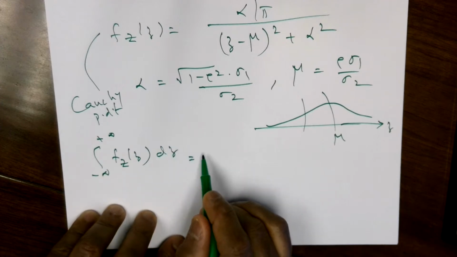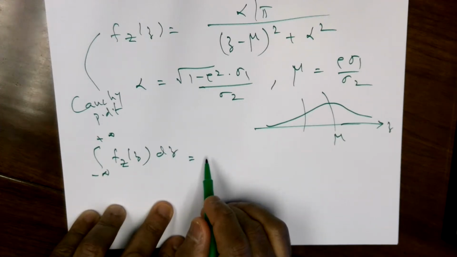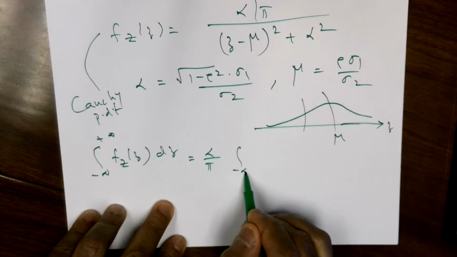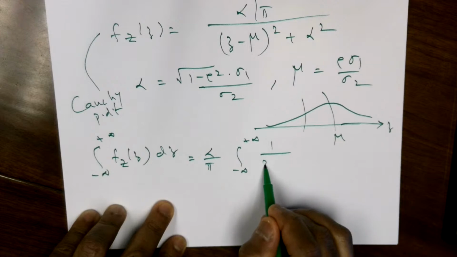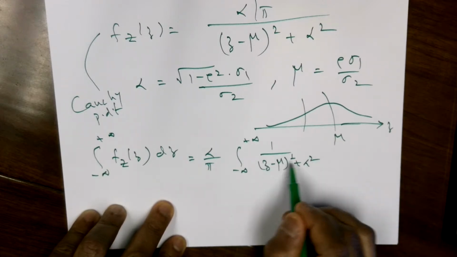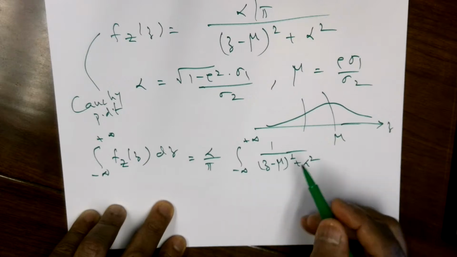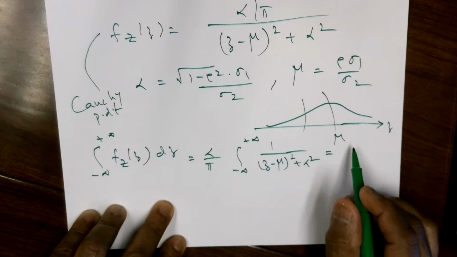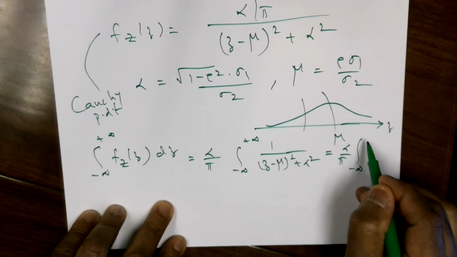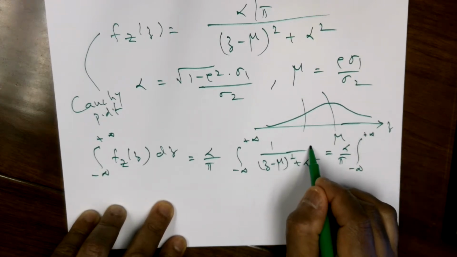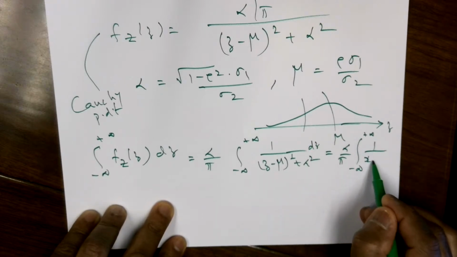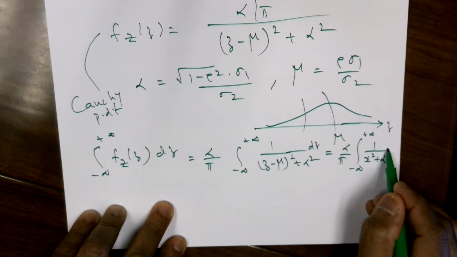So the integral of f_Z(z) dz is alpha over pi, integral from minus infinity to plus infinity of 1 over z minus mu the whole squared plus alpha squared. Notice that a shift in z is not going to change anything, so I can rewrite this as alpha over pi, if I replace z minus mu by x, this becomes x squared plus alpha squared dx.